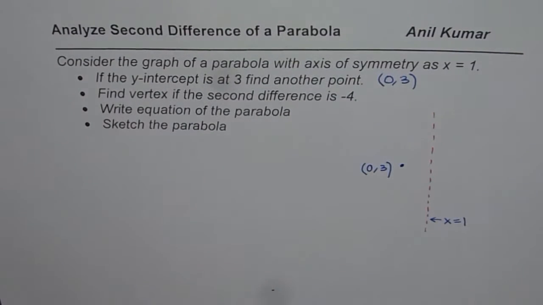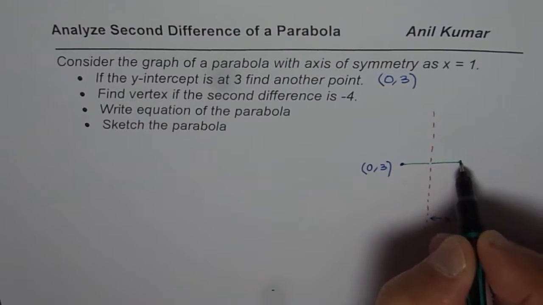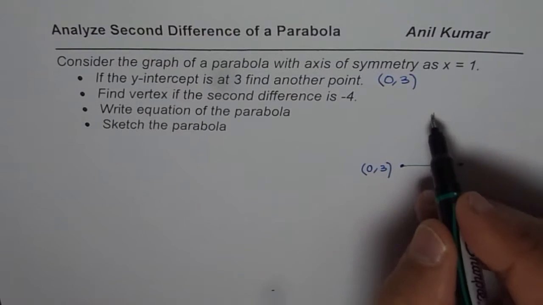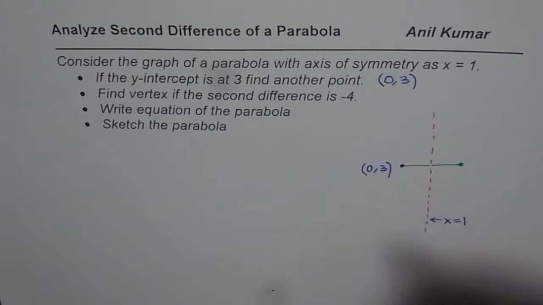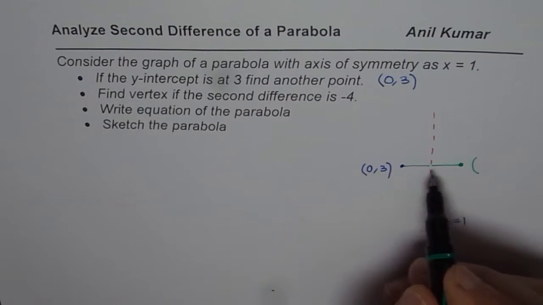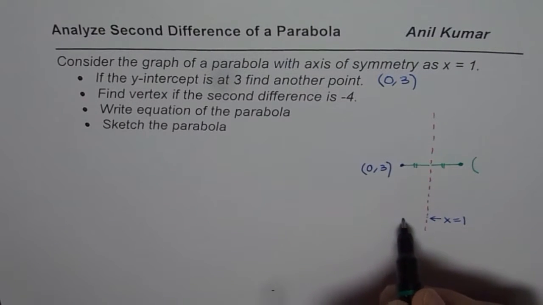Now the other side means, of course, it has to be the same distance from the axis of symmetry, so it has to be on this side, correct? As a mirror image, because this is the axis of symmetry. So on this side, what are the coordinate points? It has to be the same distance away, so it is 1 unit on the left.